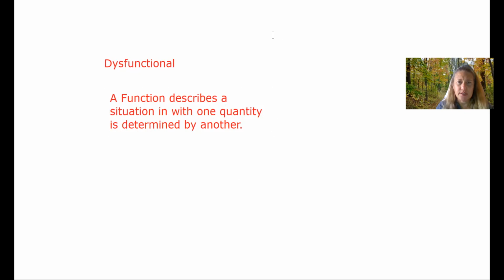A function does something. It does a job. Maybe we have a function which adds 2 to a number, and that function would look like this: f of x equals x plus 2. The job of the function is to add 2 to a number.